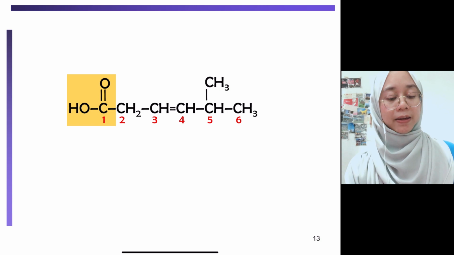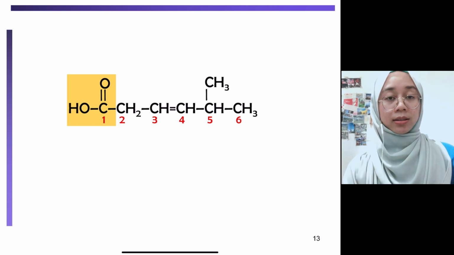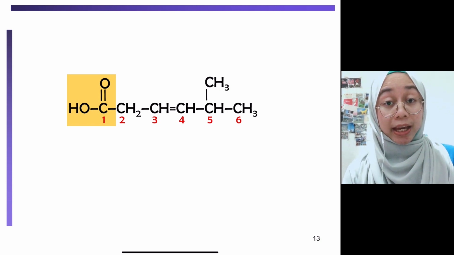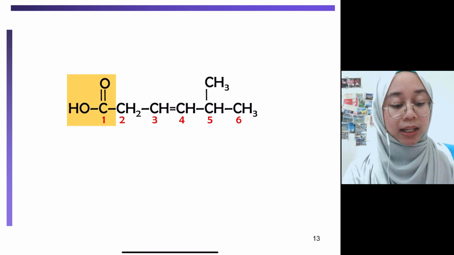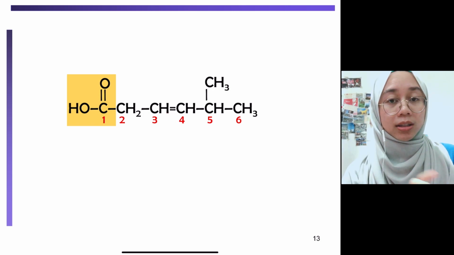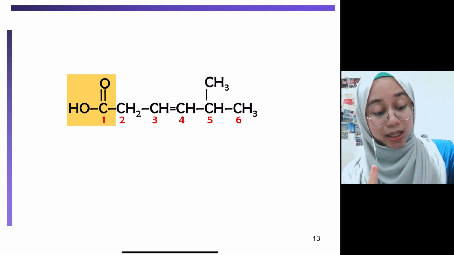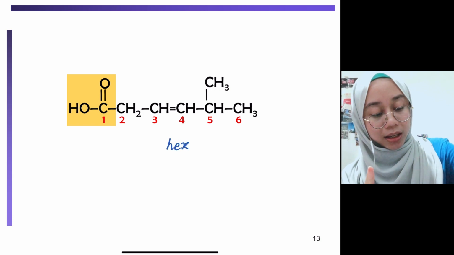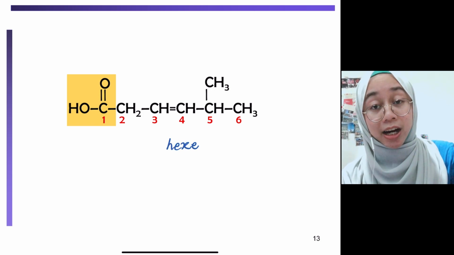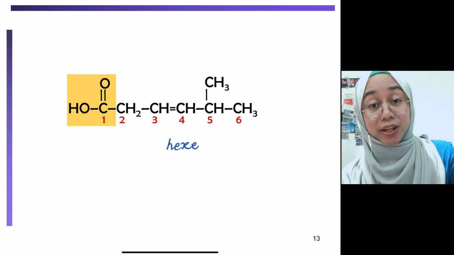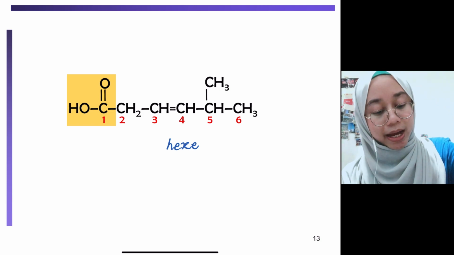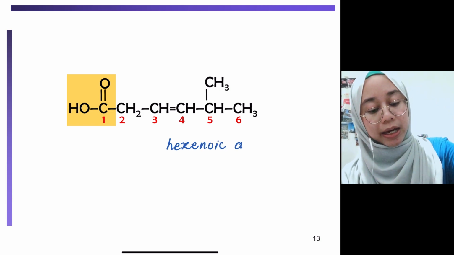Okay, jadi kalau 6 patutnya dia hexanoic acid kan, tapi disebabkan kita ada double bond, instead of dia jadi hexa, dia jadi hexi. Okay, sebab ada double bond. Okay, so dia ada alkene kat situ, so dia jadi hexenoic acid.